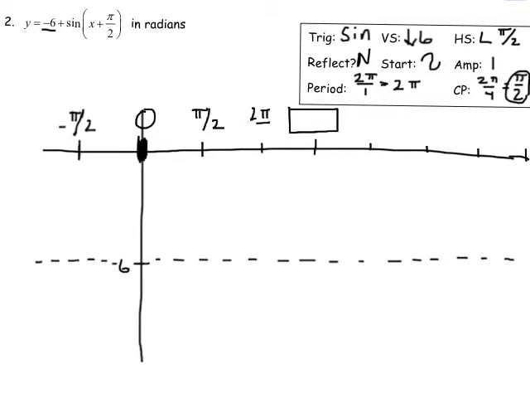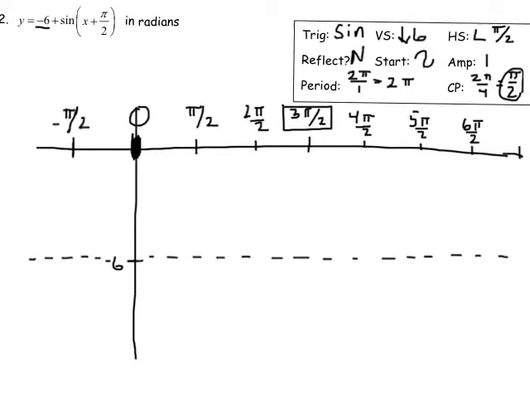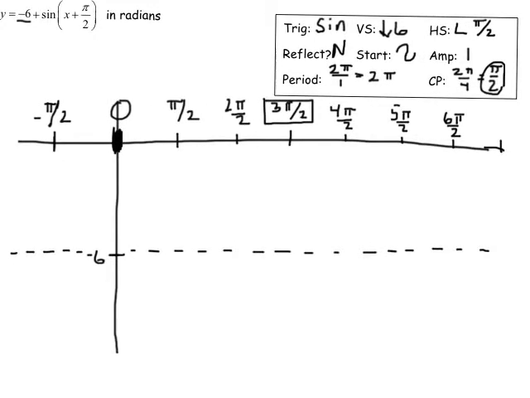If you want to say that that's pi, you can do that. 3 pi over 2, 4 pi over 2. I'm just adding pi over 2. 5 pi over 2, 6 pi over 2, and 7 pi over 2.